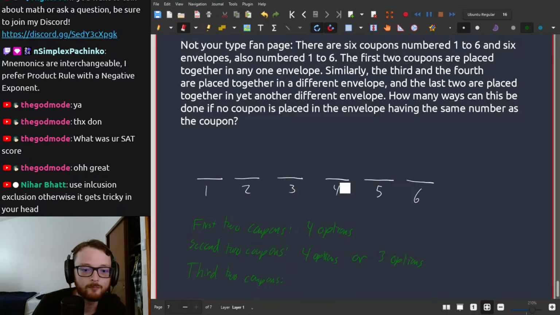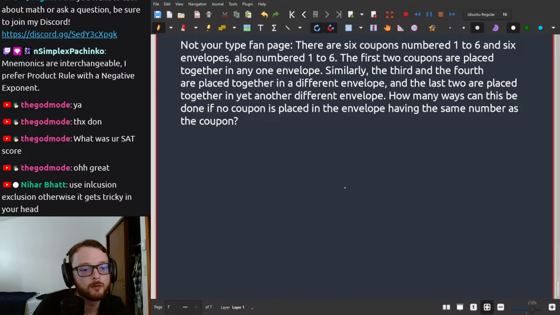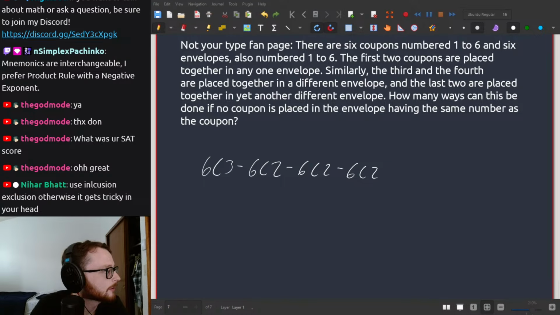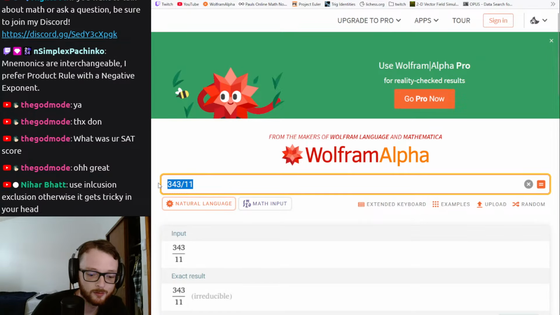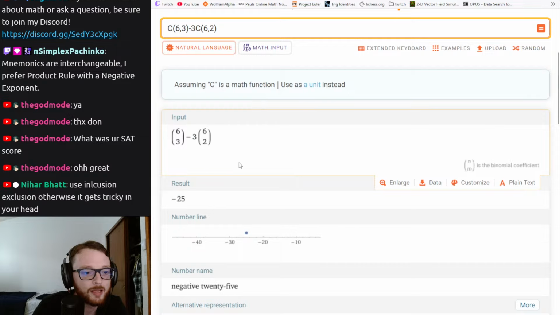Is that 6 choose 3 total ways minus 6 choose 2 ways to do the first 2 envelopes bad minus 6 choose 2 ways to do the second 2 envelopes bad minus 6 choose 2. Is it that easy? Well, I don't know why I said it with that inflection. What number is that? I hope it's not negative. It's negative.